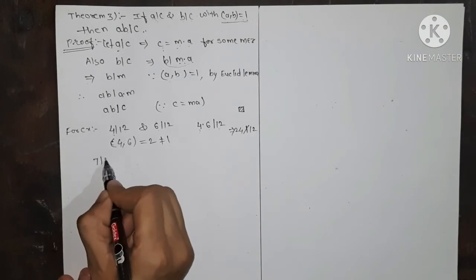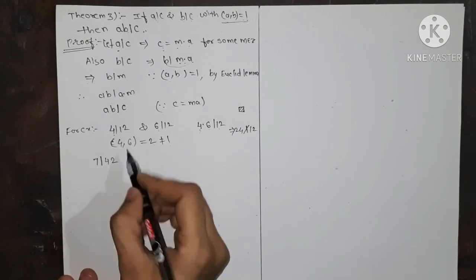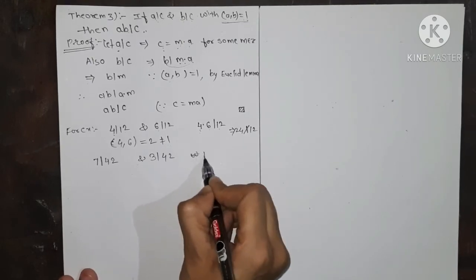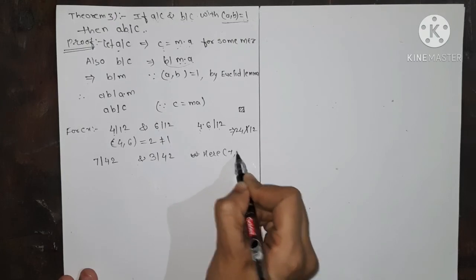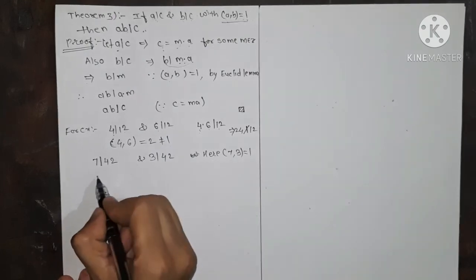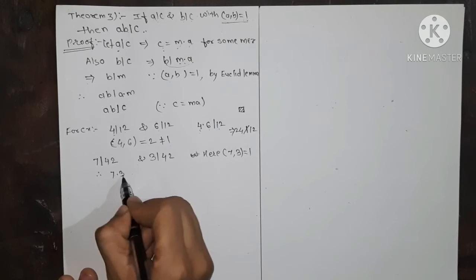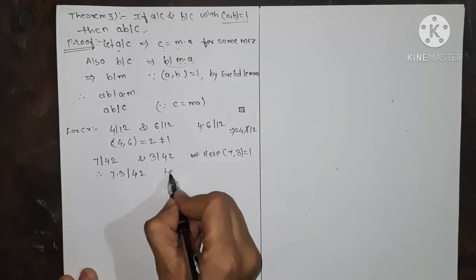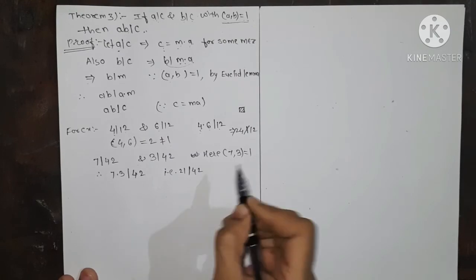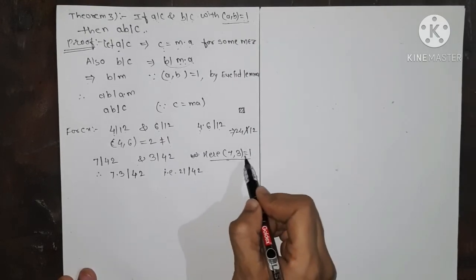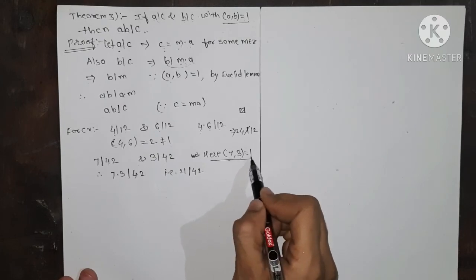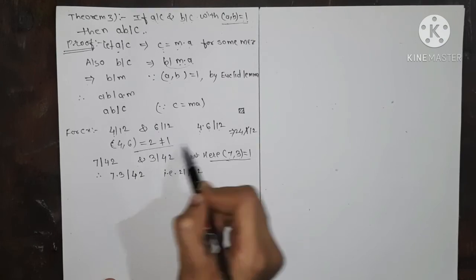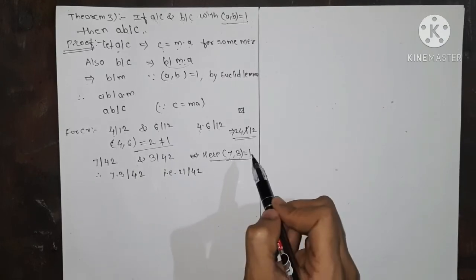If we take the example 7 divides 42 and 3 divides 42, and here GCD of 7 comma 3 is equal to 1, therefore the product 7 into 3, that is 21, divides 42. So the condition that the GCD of A and B is equal to 1 is very important. If it is not equal to 1, then the result does not hold.